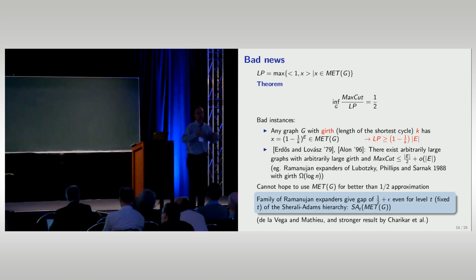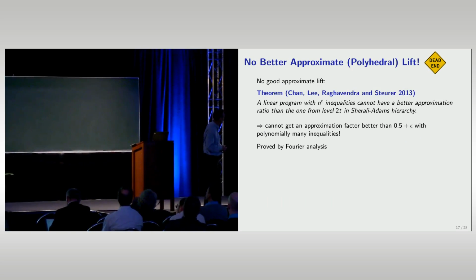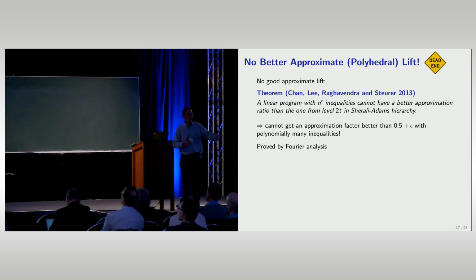So you might say, okay, forget about these Sherali-Adams constructions, we might look at other sets of inequalities that we can write. I'm sure that we can think about inequalities that all the cuts have to satisfy and try to write them. But if we want to use linear programming, most likely we would just write a polynomial number of them. And in a fairly surprising, very nice work, it was shown that if you write n to the t inequalities, that's not going to be better than doing 2t rounds of Sherali-Adams in the worst case.